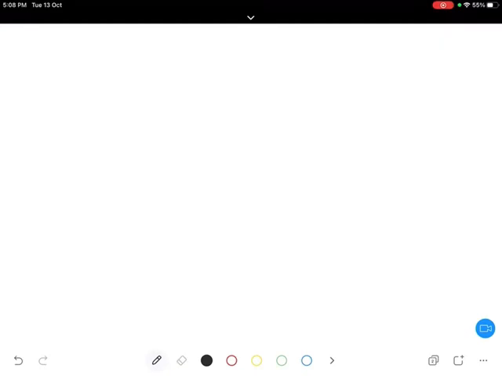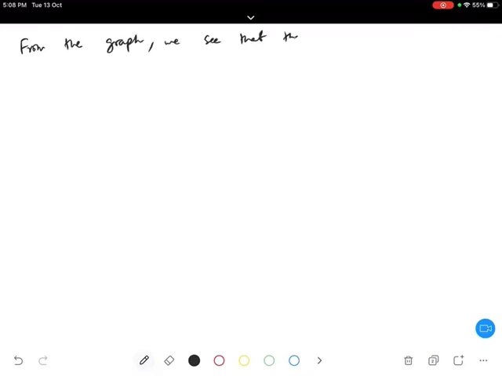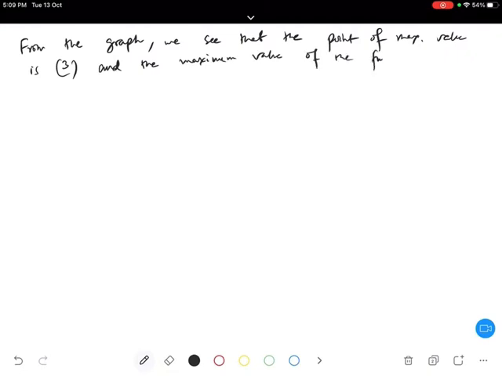So write down, from the graph, we see that the point of maximum value is 3, and the maximum value of the function at x is equal to 3 is minus 1.